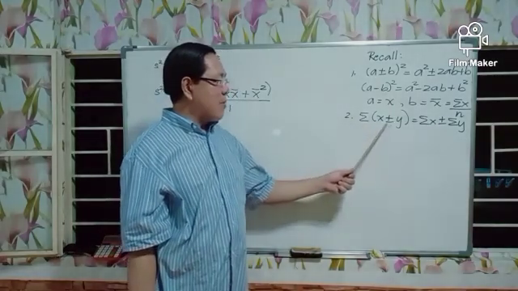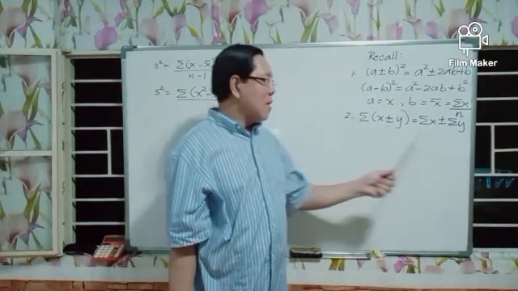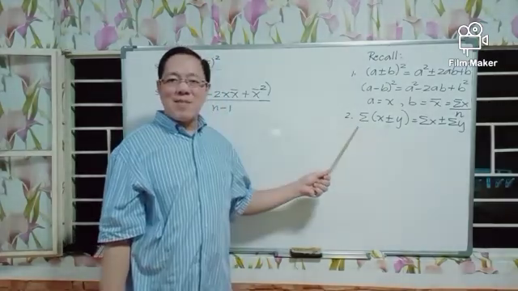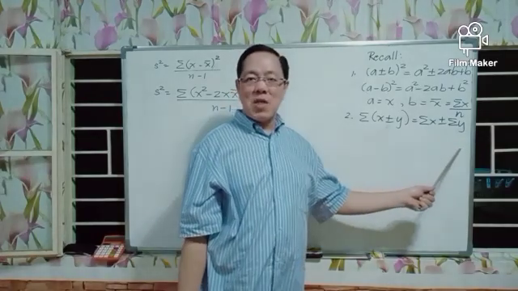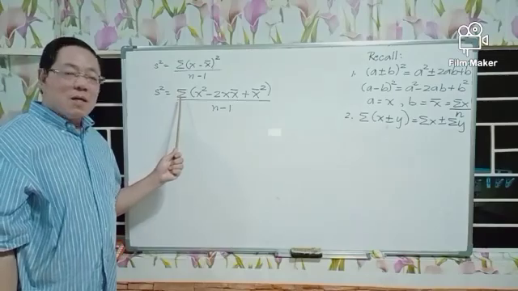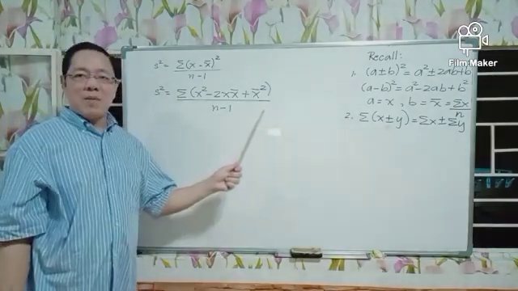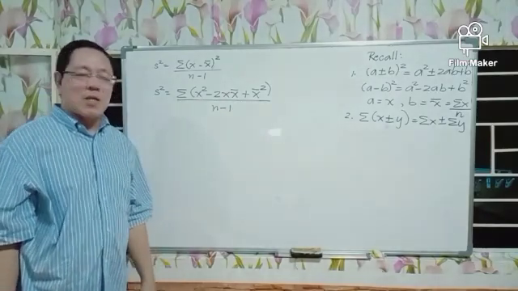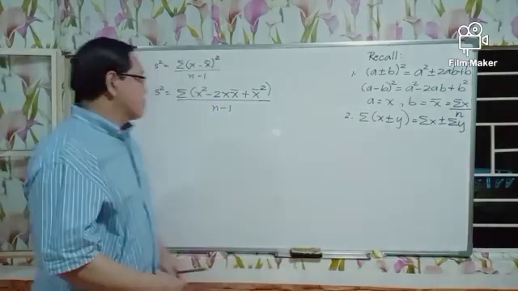Hence, summation of x plus y is equal to summation of x plus summation of y. If you have the summation of x minus y, then summation of x minus y is equal to summation of x minus summation of y. And it's like we distribute the sigma notation to each of these terms of this trinomial. In algebra, this is a trinomial, an algebraic expression with three terms. And we simply distribute the sigma notation.